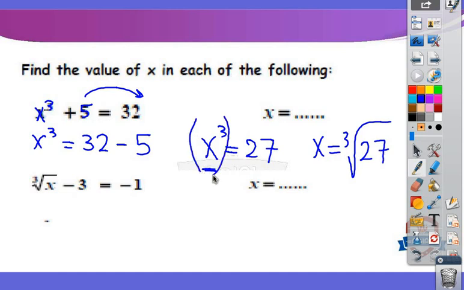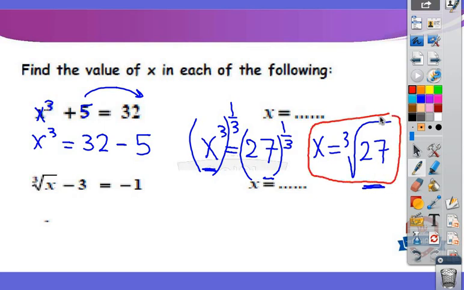So we will raise to the power of 1 over 3 here: 27 to the power of 1 over 3, which means the cube root of 27. So x equals the cube root of 27. What is the cube root of 27? It will be 3. So x equals 3.